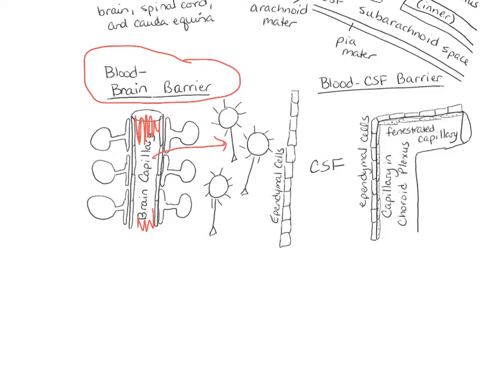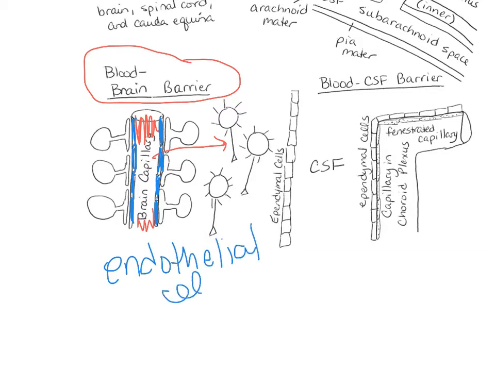And so the two things that are going to create that barrier are, number one, these endothelial cells of the blood vessel, right? So these are the cells that line the blood vessel, and those are called endothelial cells. So that's number one, what helps to create that blood-brain barrier. And in addition to that, we have these other cells in here that are called the astrocytes.